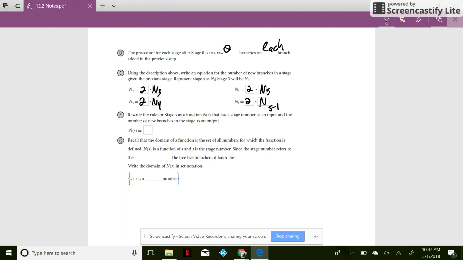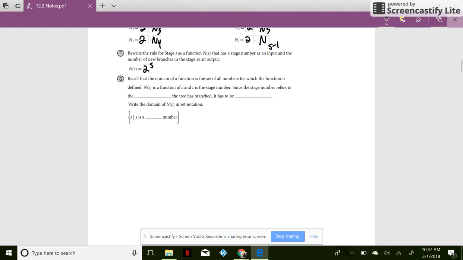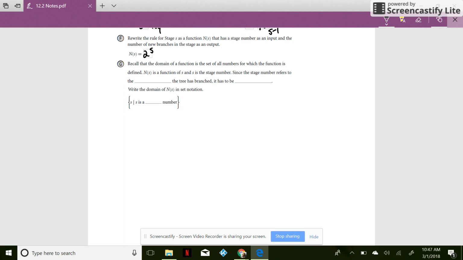Now rewrite the rule for stage S as a function that has a number as an input and the number of new branches as output. As we saw in the previous pattern in the table, we could rewrite it as the power 2 to the S. Recall that the domain of the function is the set of all numbers for which the function is defined. N_S is a function of S, and S is the stage number.